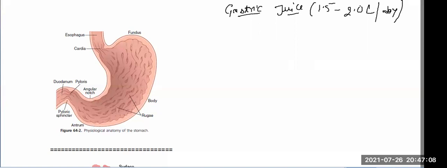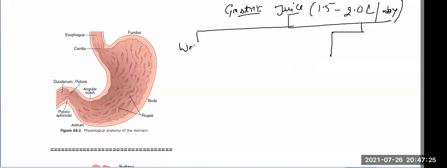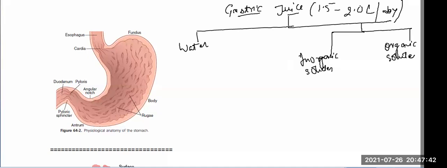And what are its contents? Let's quickly look at its contents. Its contents mainly consist of water, inorganic solutes, and organic solutes.